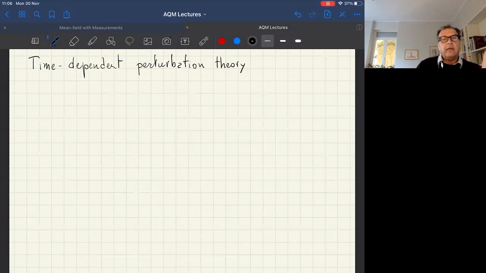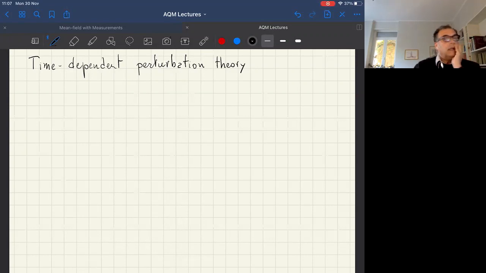We have a Hamiltonian H0 for which we know the eigenstates and eigenvalues, and we are able to determine the approximate eigenstates and eigenvalues of a Hamiltonian which differs from H0 by small terms, I mean the lambda V.